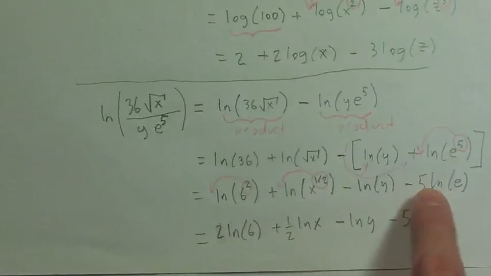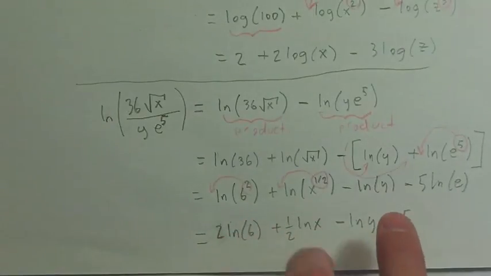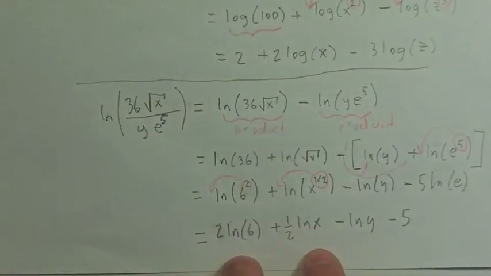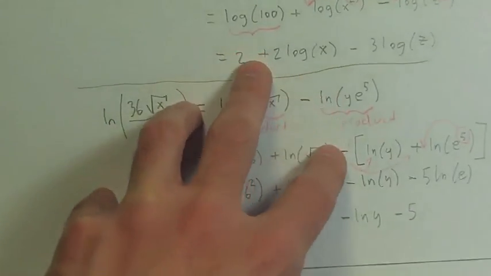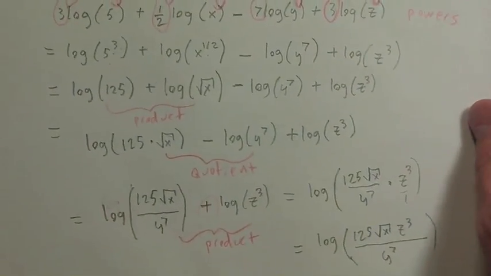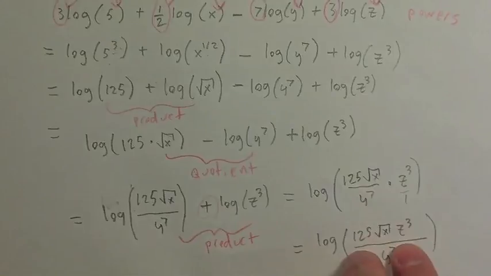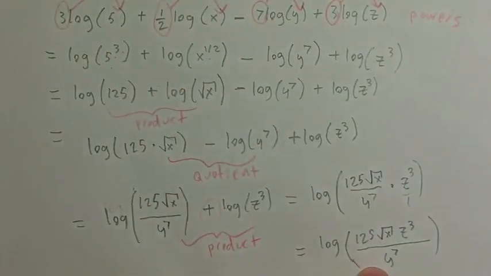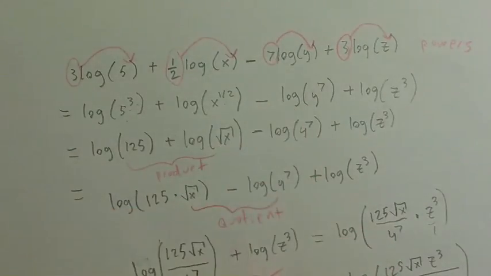So each piece, even though we simplified it further, each piece that had a minus was in the denominator. Each piece that had a plus was in the numerator. So that is the pattern that you will see every time you do this. The stuff on the numerator comes out to have plus logs. Stuff on the denominator comes out to have minus logs.